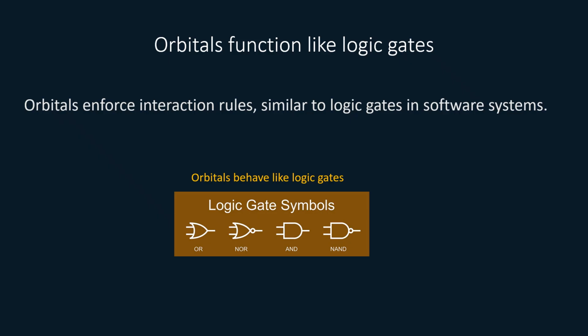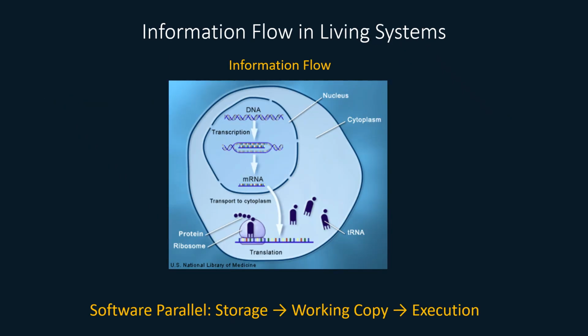And then let's talk about information flow. Our DNA is about 3 billion base pairs per copy. When a gene needs to turn on, that stretch gets transcribed into RNA that you can think of as a temporary working copy.